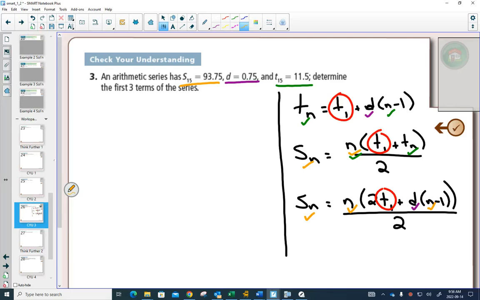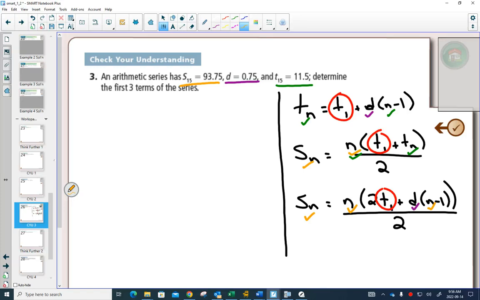And now you have to make the decision which one you want to use. You'd probably decide either to use a sum formula or to use a Tn formula. Most of you would probably do the sum formula first, because you see a sum in the question, so you would probably be tempted towards your sum formulas.